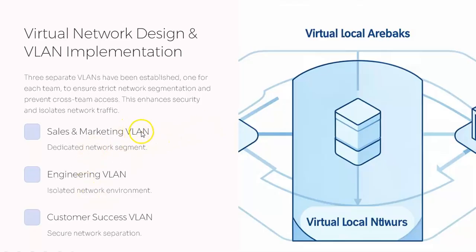This design ensures complete network isolation, preventing devices in one department from communicating with devices in another. And by isolating network traffic, we significantly reduce the risk of lateral movement within the environment.